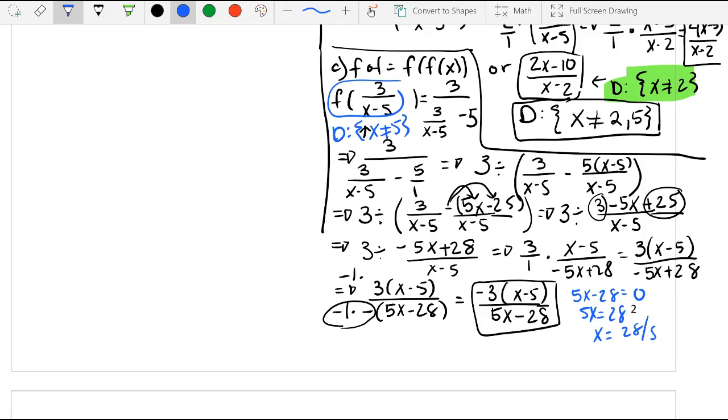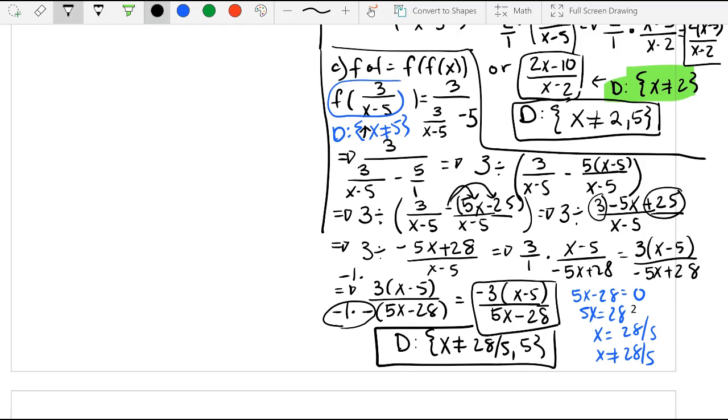So 28 divided by 5. So this domain is x cannot be 28 over 5. So let's put together our final domain, okay? So the domain for this composite class is going to be x can never ever be 28 over 5 and 5. So these are the two values we are excluding.